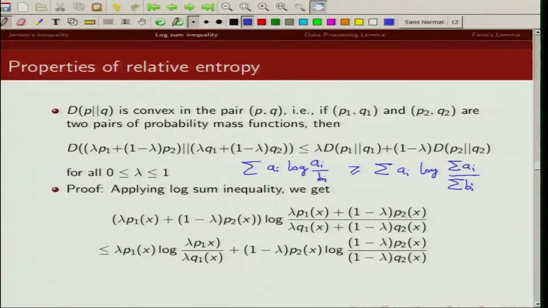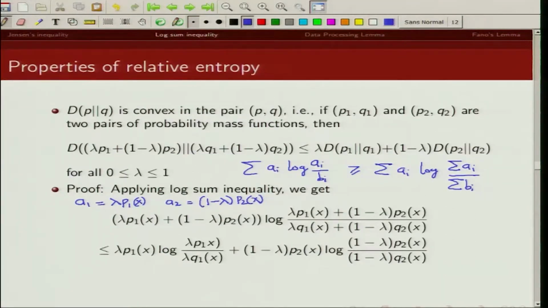Now, let us take a1 to be lambda times p1(x) and a2 to be 1 minus lambda times p2(x).